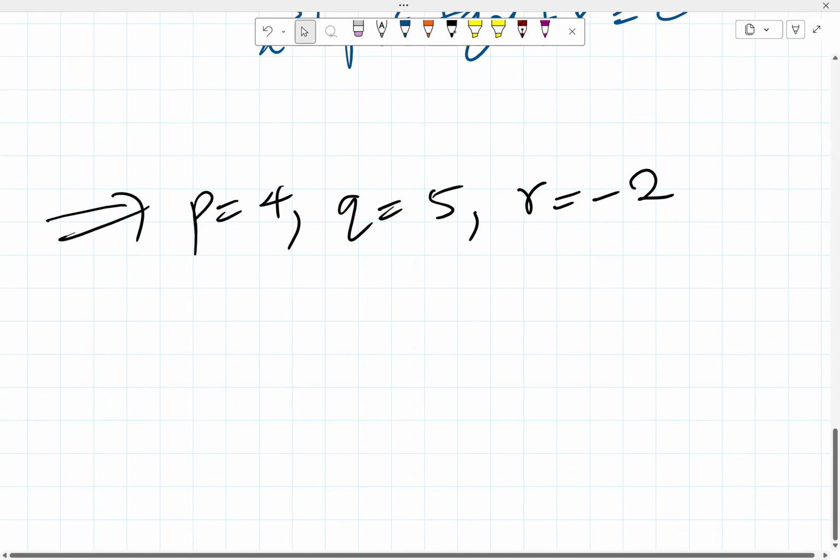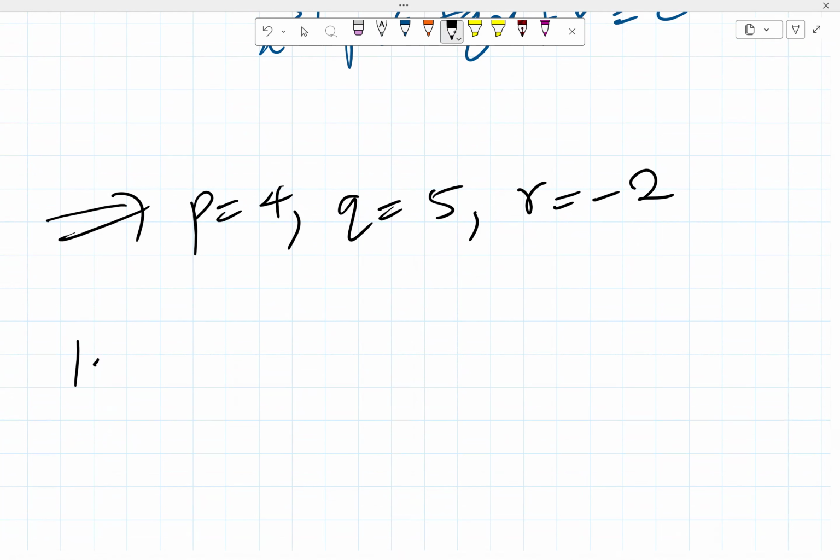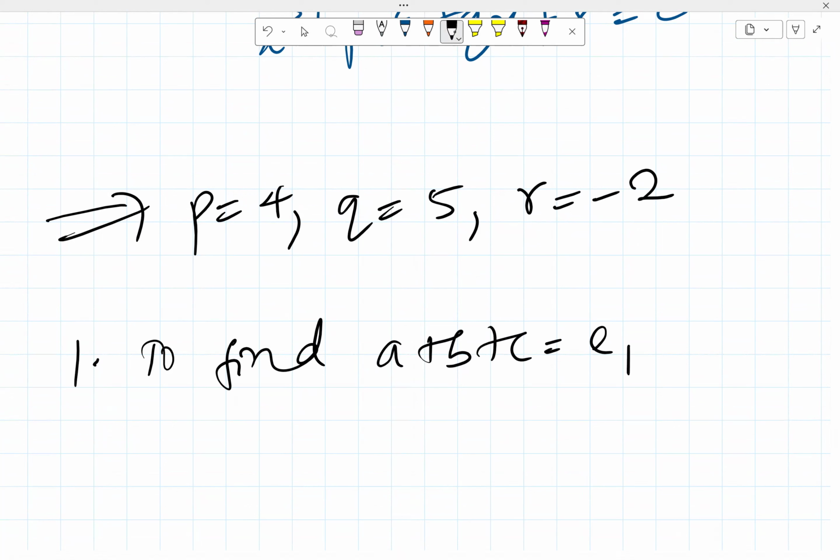And we know, number one, to find A plus B plus C, that's E1 in short. We know E1 is just the first one, negative, so that's minus P, and that is simply minus 4.